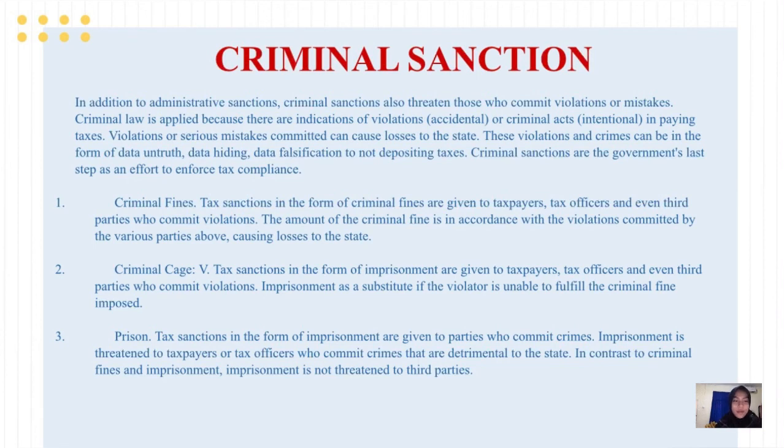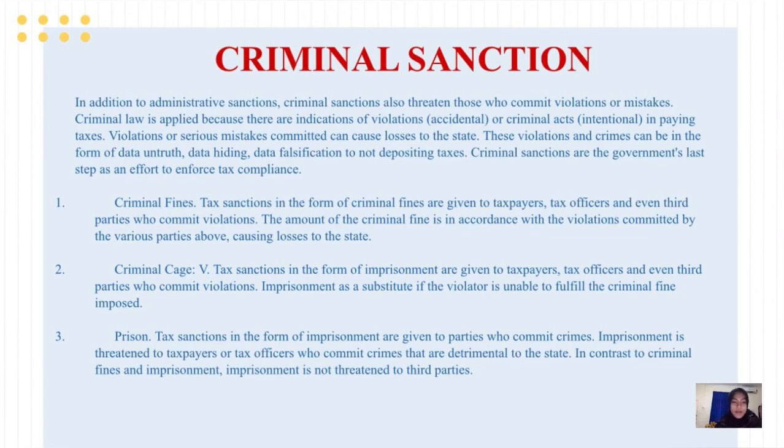First, criminal fines. Tax sanctions in the form of criminal fines are given to taxpayers, tax officers, and even third parties who commit violations. The amount of the criminal fines is in accordance with the violations committed by the various parties above, causing losses to the state.